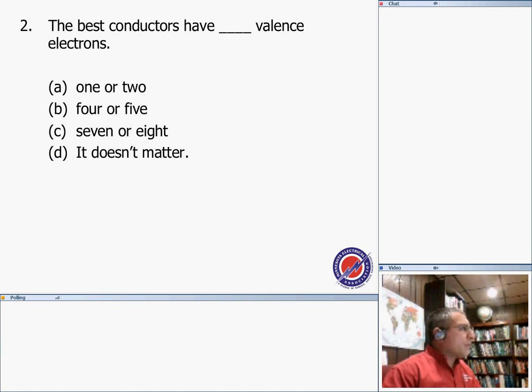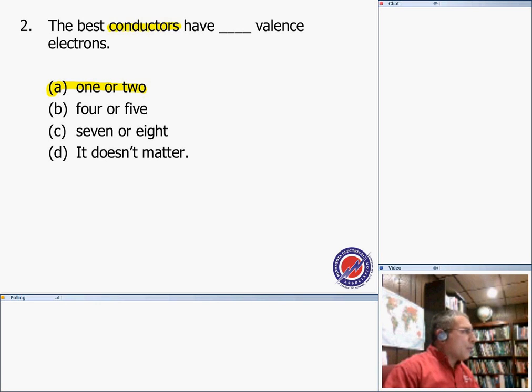So the conductor has how many valence electrons? Remember, a conductor needs to have the smallest amount of valence electrons, and our answer for that one is 1 or 2. The more electrons in the valence orbit, the more the material becomes an insulator. The fewer electrons in the last orbit, which is called the valence orbit, the more the material becomes a conductor.